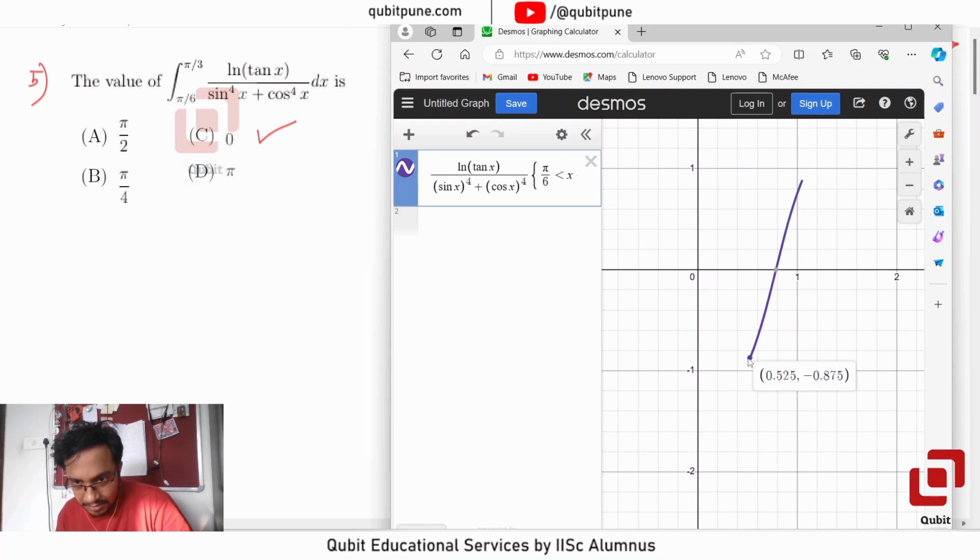Right, it's symmetric, but it's an odd function also. Well, can we say that it is odd? f of minus x is minus f of x. Well, I can't really say it is odd, but the graph is symmetric about pi by 2. So pi by 2 plus something and pi by 2 minus something, both of them will have the same value in mod, but different signs.